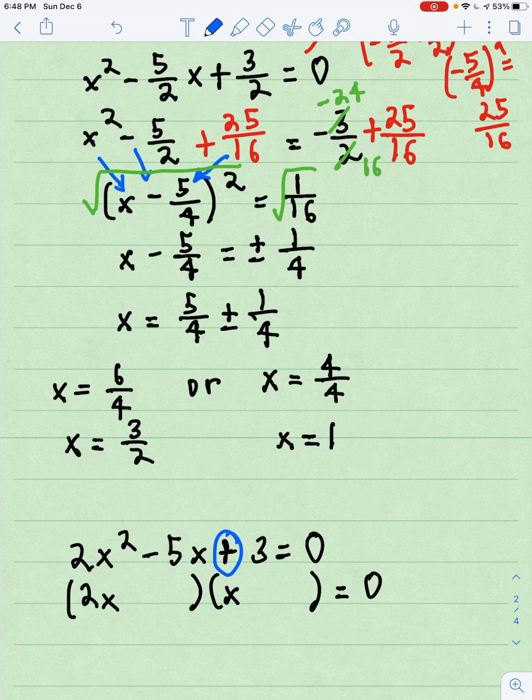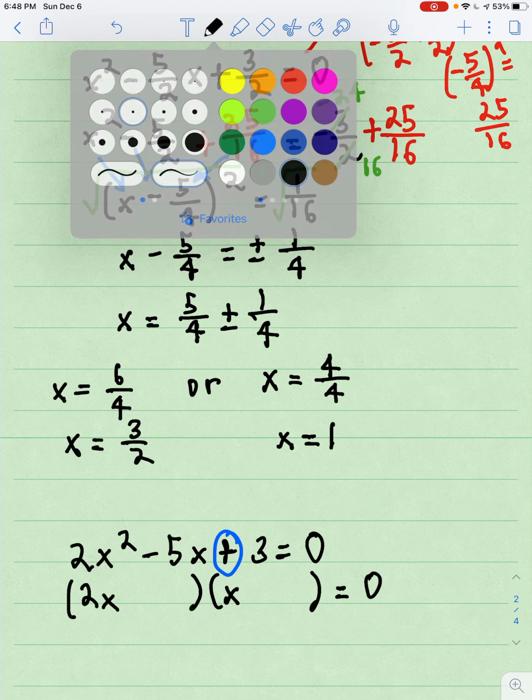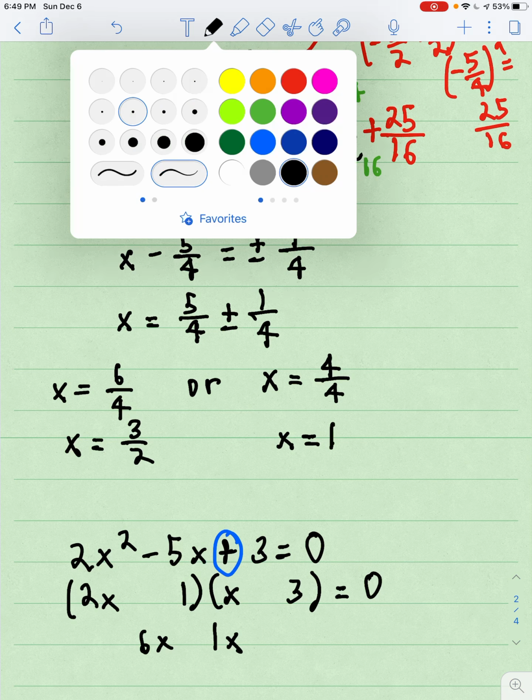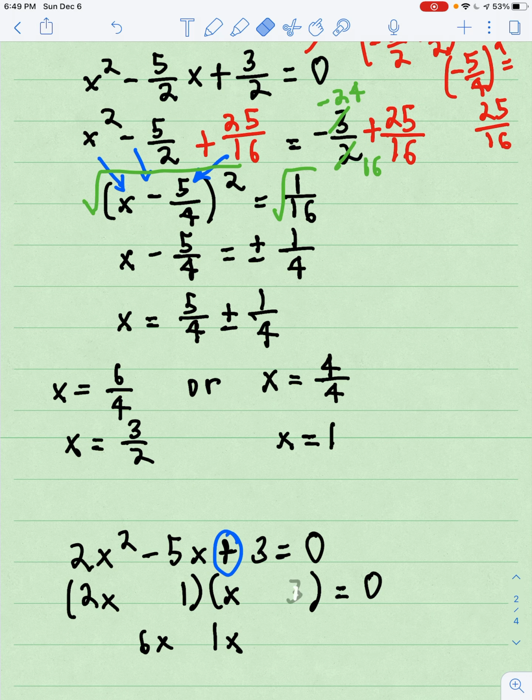Now, it's really easy to make a mistake here because you might say, oh, 3 and 1, 6x, 1x, but those don't have a sum of 5. We need a sum of 5. So that's not the right order, and we should look at changing that and putting the 3 here and the 1 here.